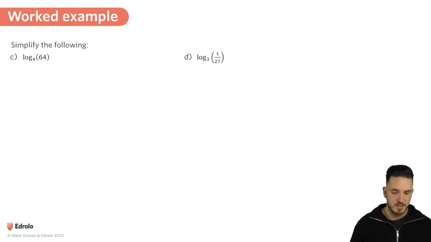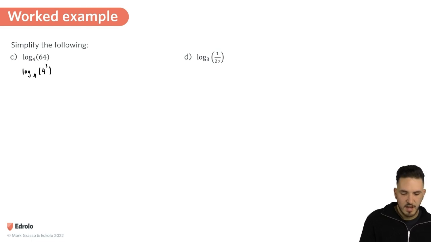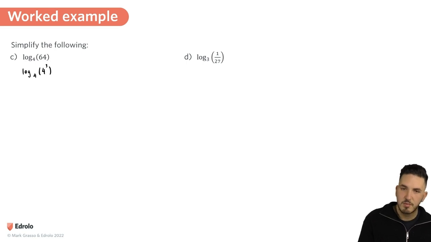We've got log 4 of 64. I want you to think about, is there any way we can simplify that 64 to a base of 4? So 4 times 4 is 16, times 4 is 64. So we can rewrite that as 4 cubed. So this becomes log 4 of 4 cubed. And now you might notice we can actually use our power law. We can bring that 3 to the front.